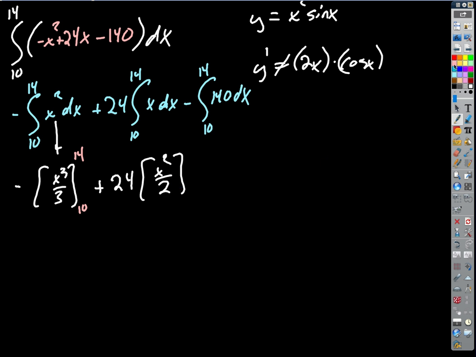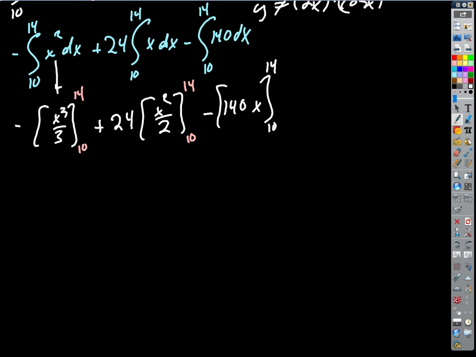X squared over 2, and we're going to find the area of that piece of the curve from 10 to 14. And then finally, we get minus, what's the antiderivative of 140? 140x. Okay? From 10 to 14.